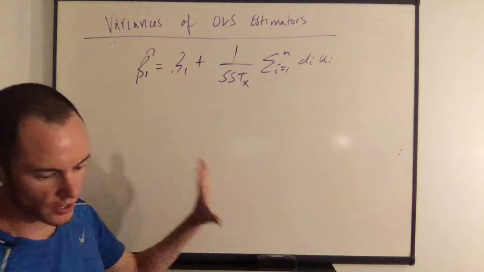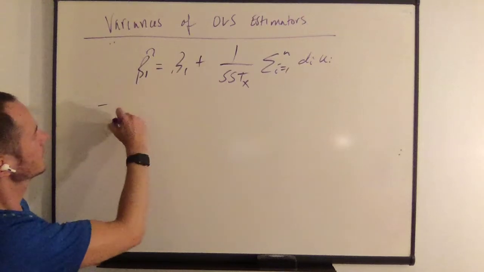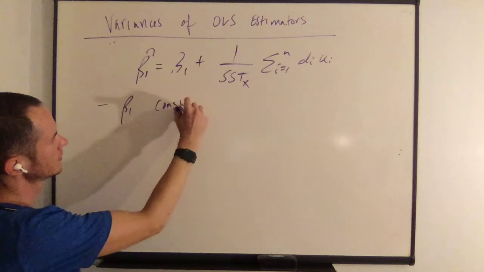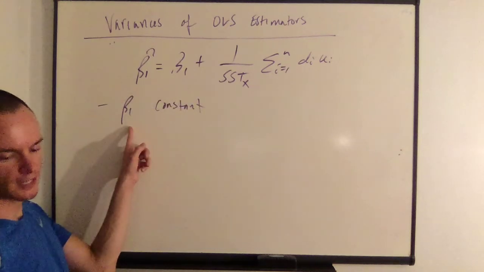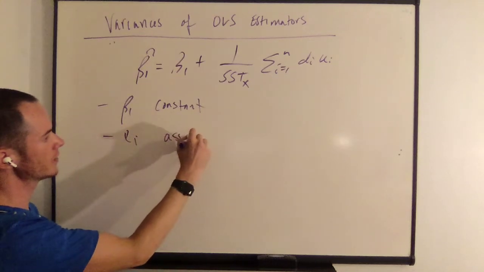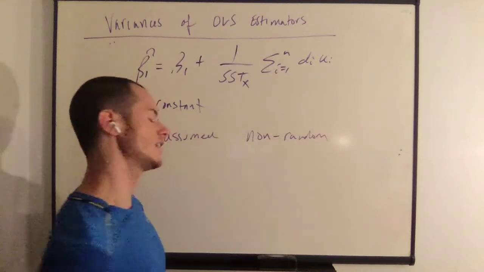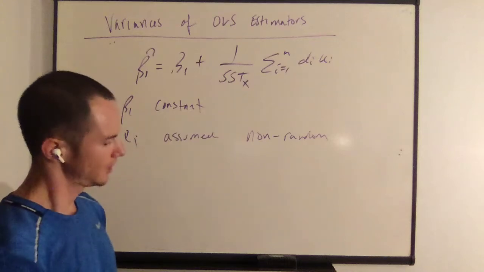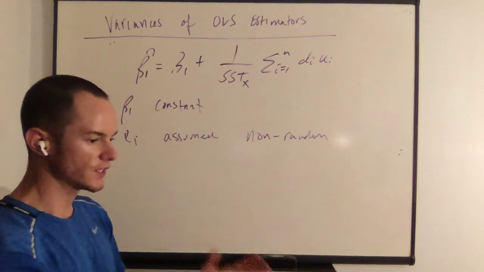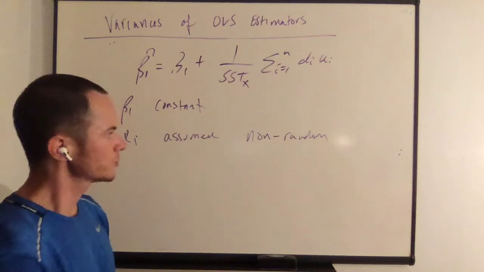okay, so we're starting with this, and I want to take into account a couple of things. Beta 1 is a constant, right? Because this is a population parameter, so that's a constant. The x_i are assumed non-random, right? We're assuming that the x_i are fixed in repeated samples. So we're sort of taking fixed values of the x, which is analogous to random sampling.